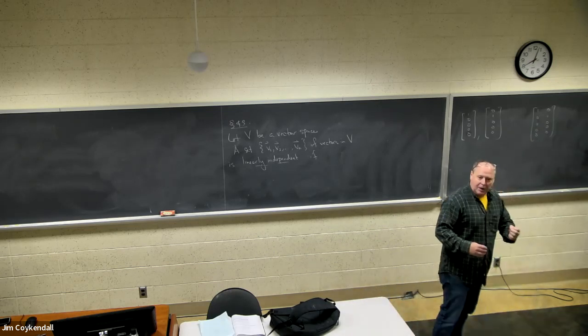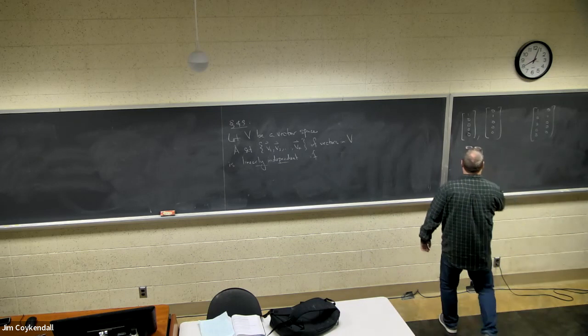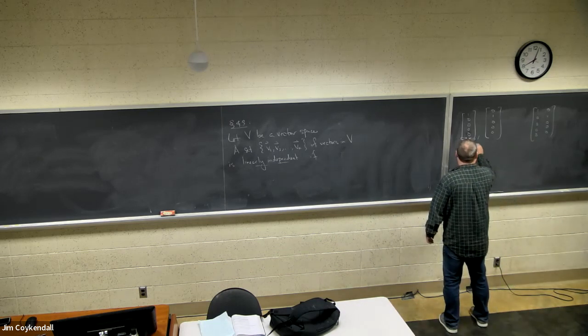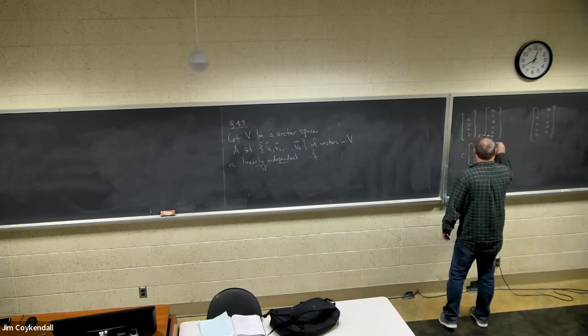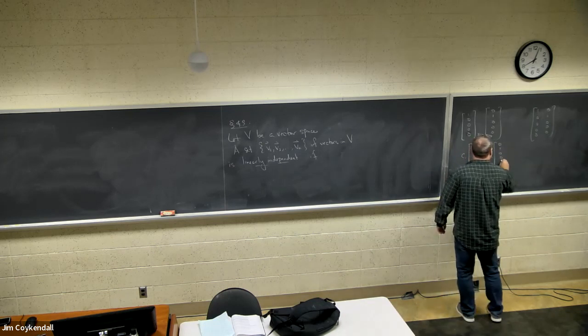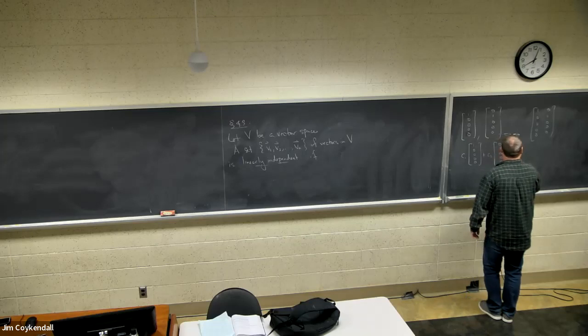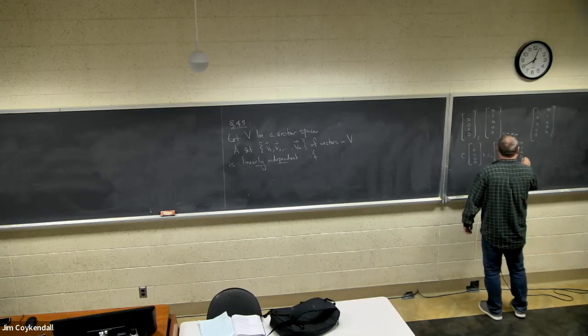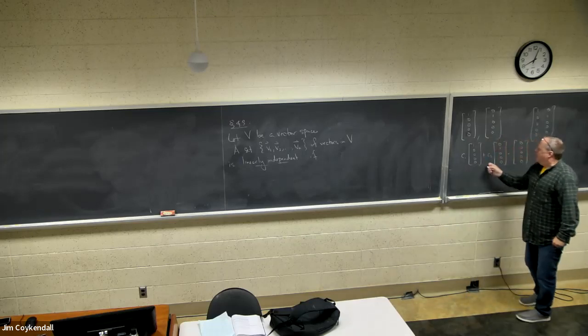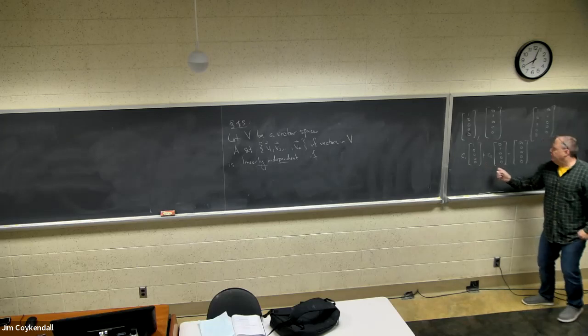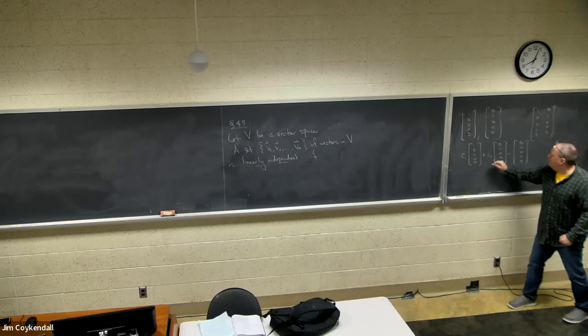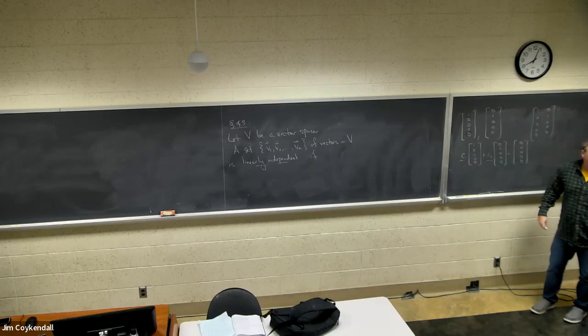So let's get back to brass tacks. What's the basic definition? When you have a linear combination of the two vectors equaling the zero vector, what must you be able to say about these two?